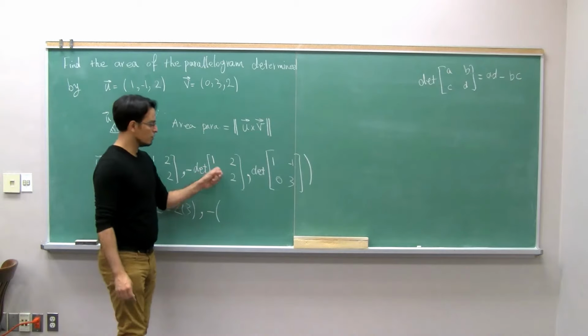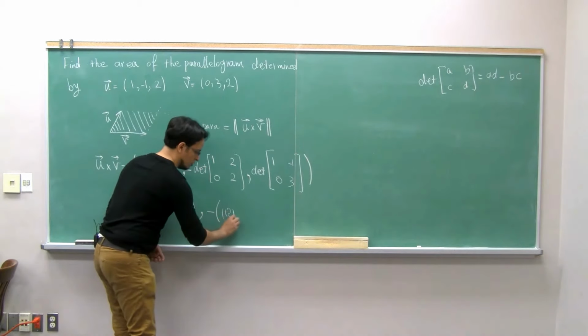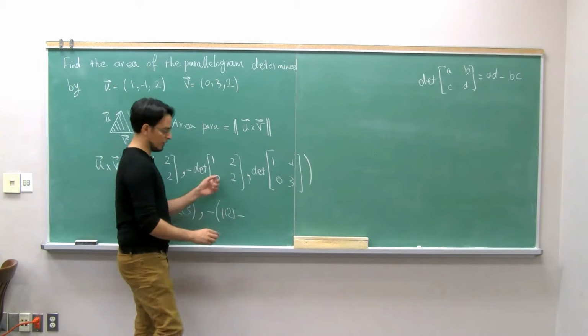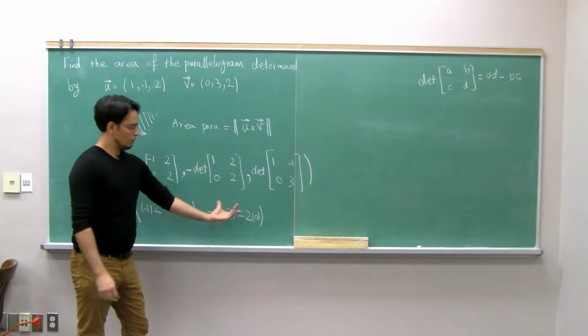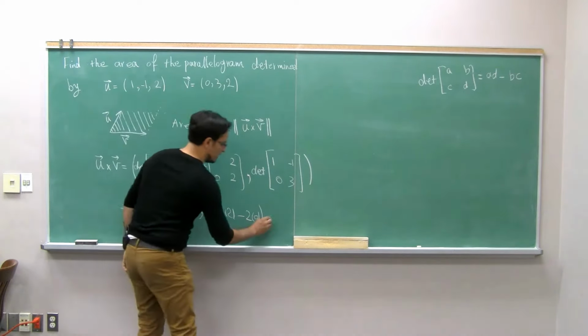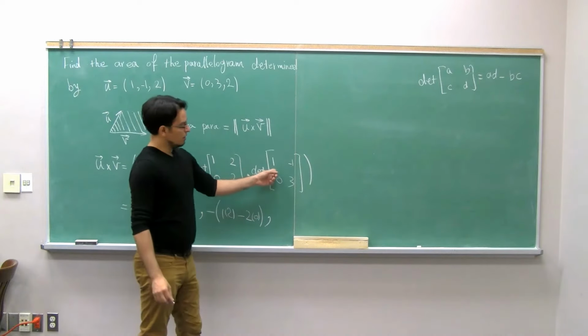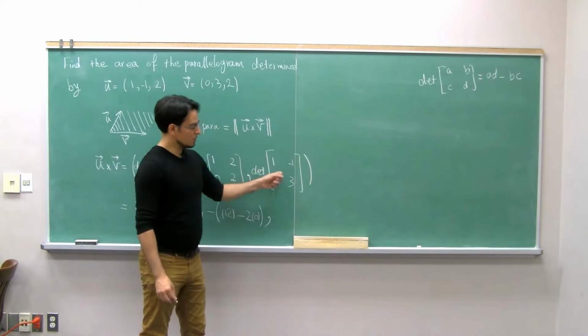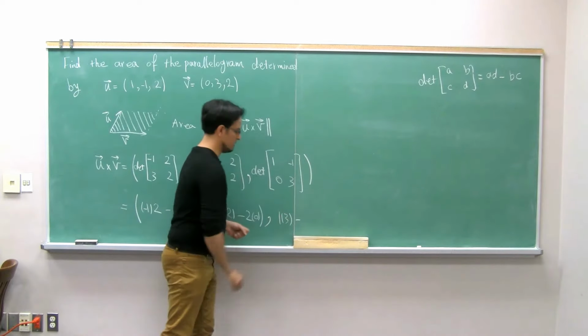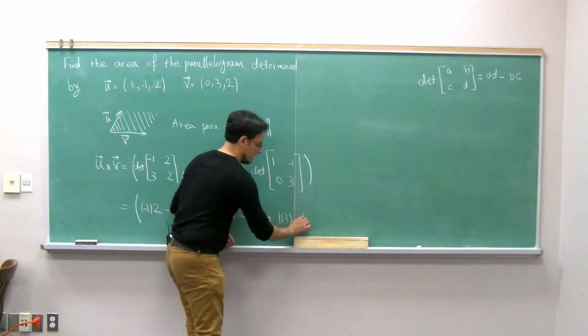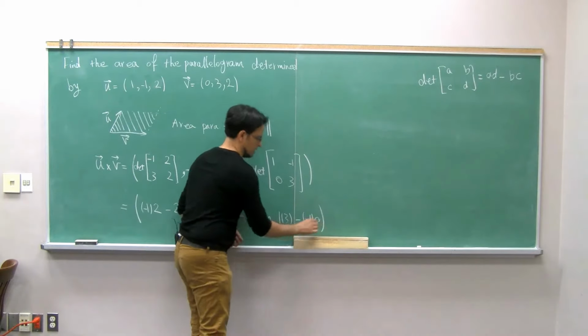Here, diagonals are 1 times 2 minus off diagonal 2 times 0. When I do that, then I multiply by negative. Here, for the third component, diagonals are 1 times 3 minus off diagonals -1 times 0.